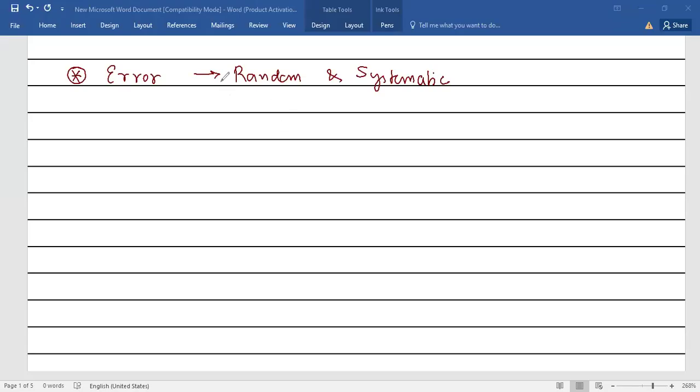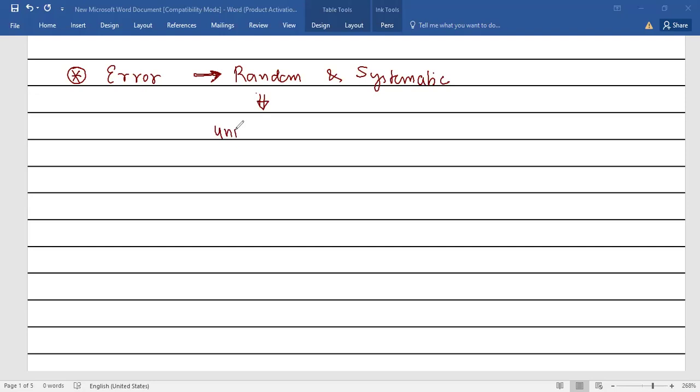Okay, so now we will see about the error and type of error when we measure any physical quantity using the instruments. So errors are of two types, random error and systematic error. Random error occurs due to unpredictable fluctuations in experimental conditions.